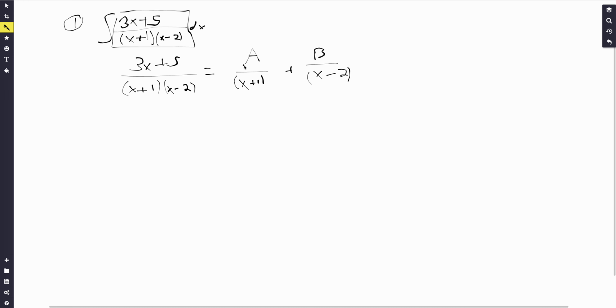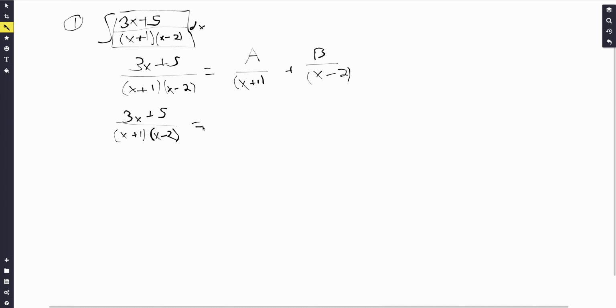Now we can't just leave it like the variables A and B. We actually have to solve for A and B. So how do we do that? Our first goal is to cancel out these denominators that we have right here, because that's kind of messing us up, since we need to just solve for A and B. So let me rewrite this equation right here: 3x plus 5 divided by x plus 1 and x minus 2.